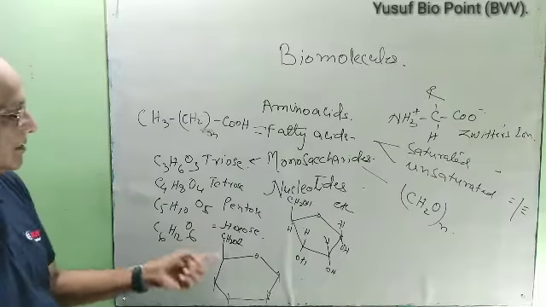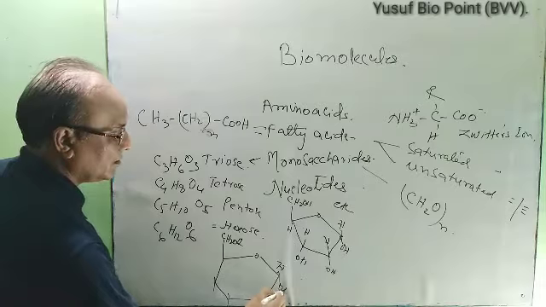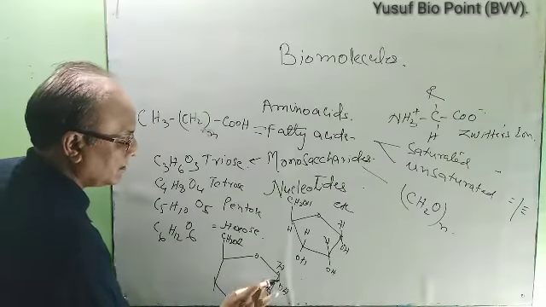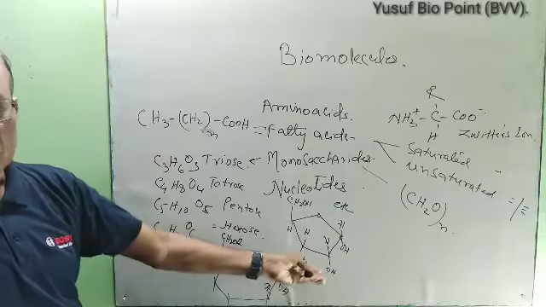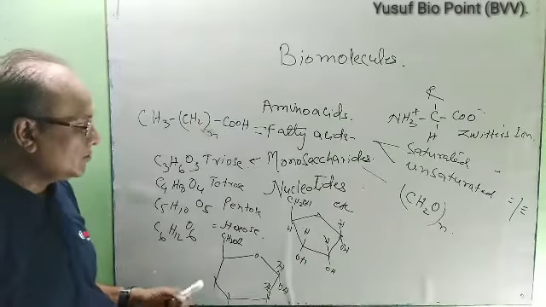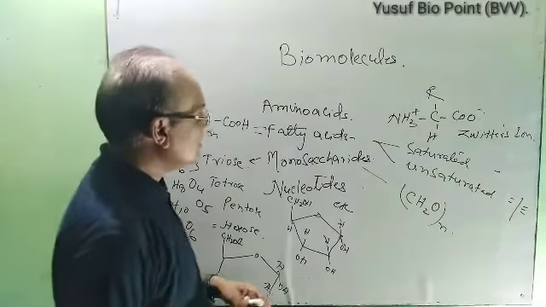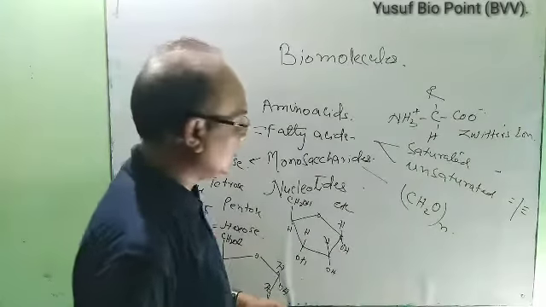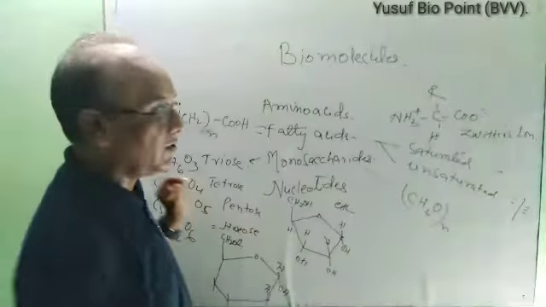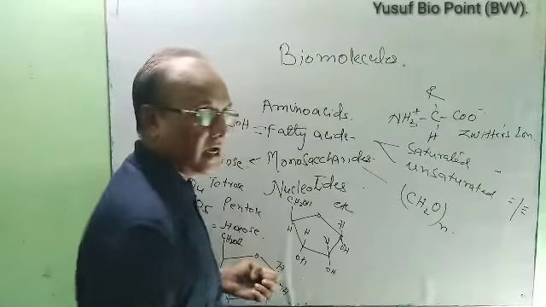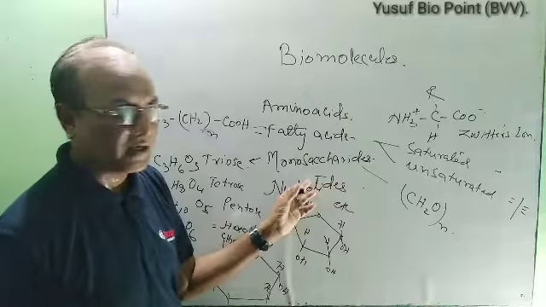This is the structure of glucose, with all the H and OH groups found. So this is the hexose and that is the pentose. In nucleotides or DNA, we shall see that two types of pentose sugar are found, deoxyribose and ribose. About that we shall discuss at the time of nucleotides.